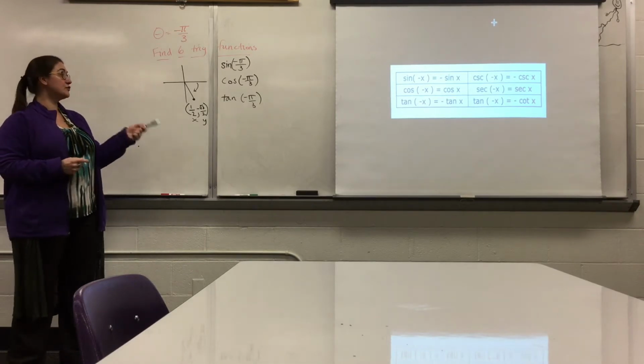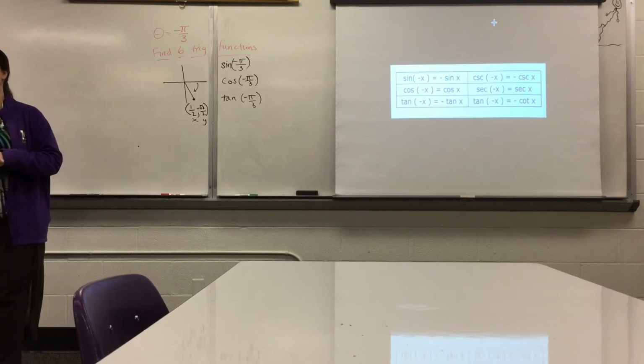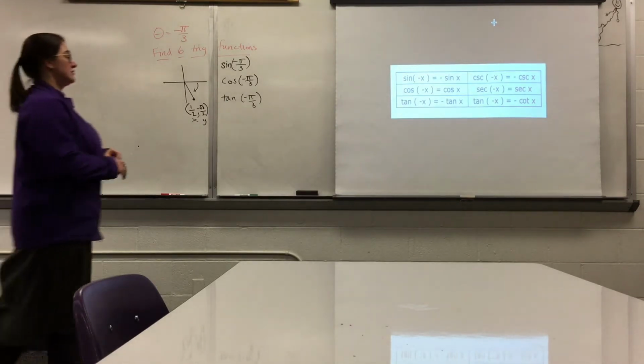If you can find the first 3, then the other 3 follow from just flipping them, taking the reciprocal. I'll give you a second to do that, just to make sure that you can still work through it. It's something you might add to your unit circle if you want to use it to study. And then we're going to talk about even and odd functions.